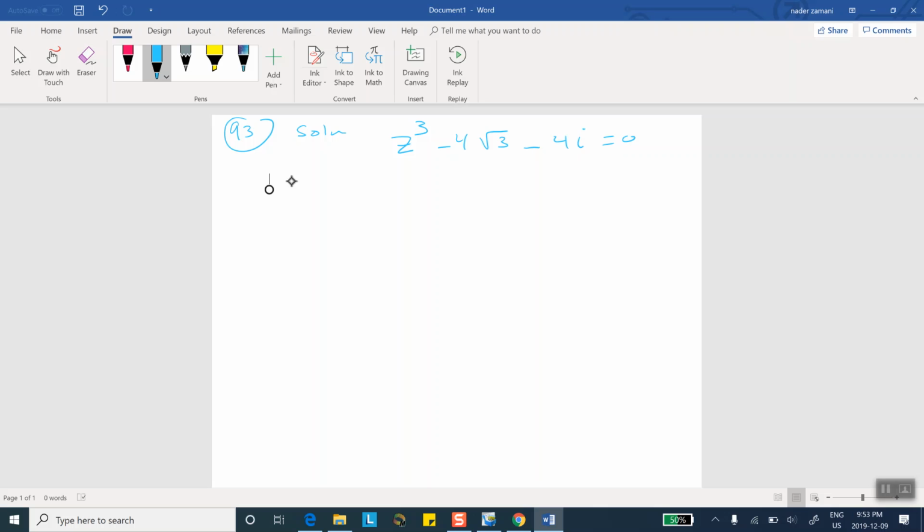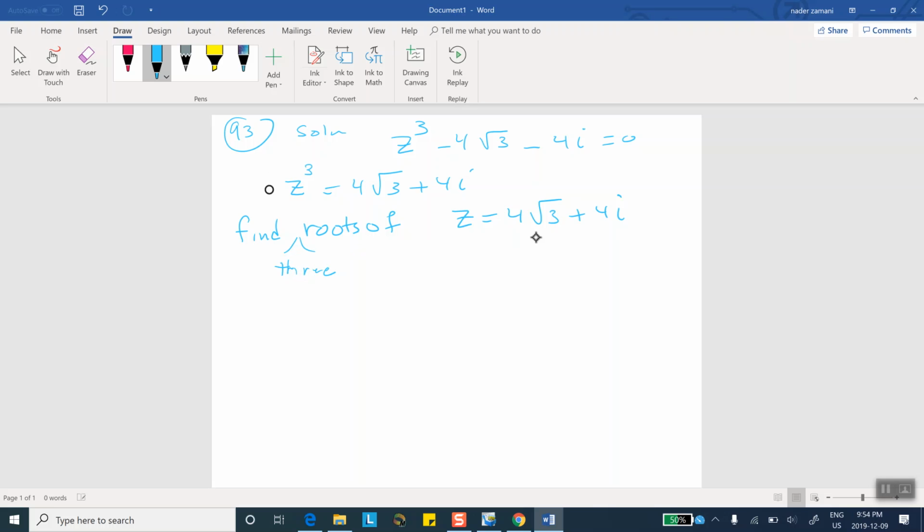Now that means, let me draw it like this, z cubed equals 4 root 3 plus 4i. Another way of saying this: find the roots of z cubed equal to 4 root 3 plus 4i. Okay, just like the previous problem. And we have done find the three roots. How about that? The three roots.